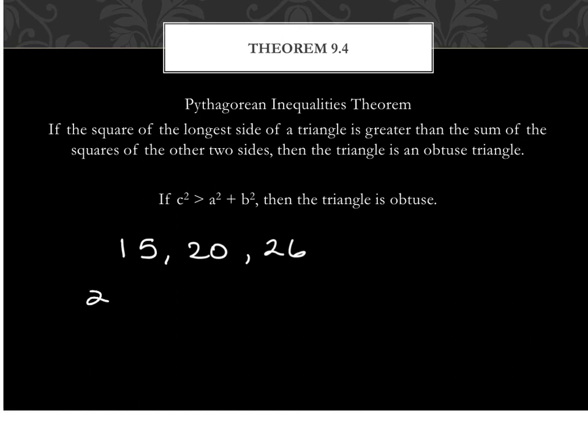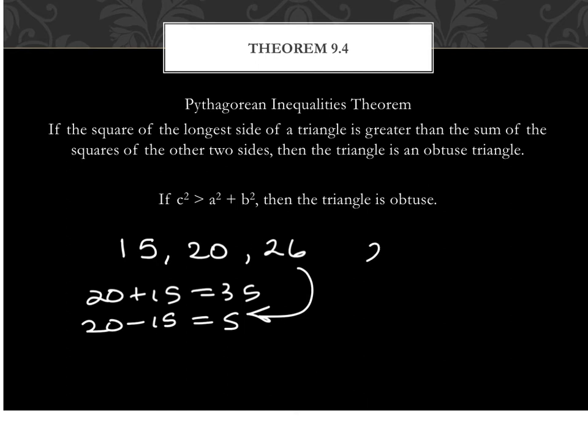So take the two smallers and add them, subtract them. 35 and 5. 26 is in between 5 and 35, so yes, these will form a triangle. So now let's see what kind of triangle it is.